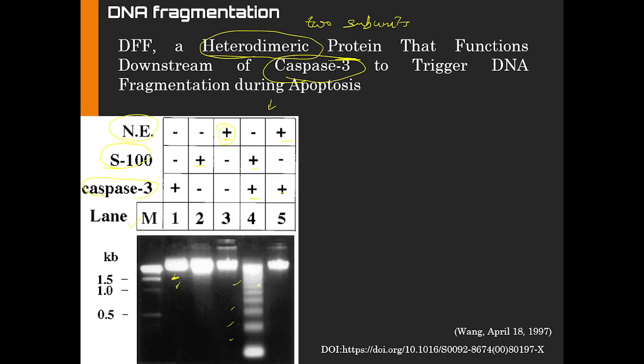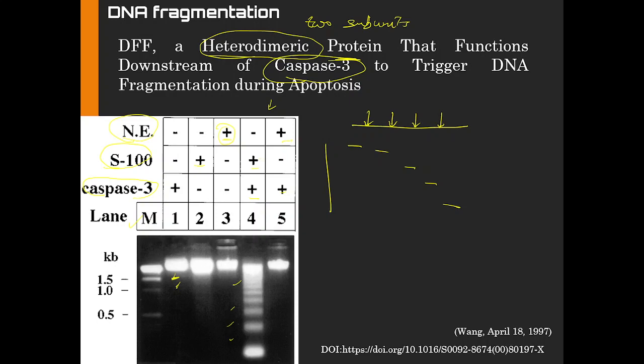So DNA fragmentation is basically a process of apoptosis. These small bands are somewhere near about 200 nucleotides. Meaning, if this is your DNA molecule, there are certain endonucleases which will chop your DNA into small fragments, and when you run a gel it will appear like this. So this was a very remarkable discovery they made, and they identified how it is working.